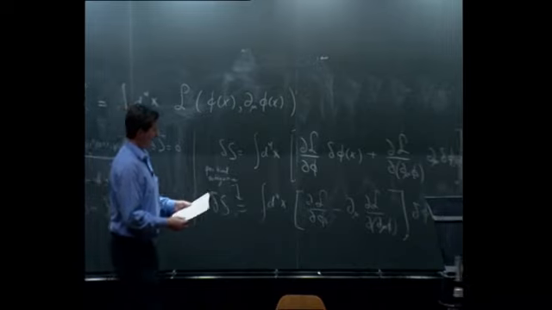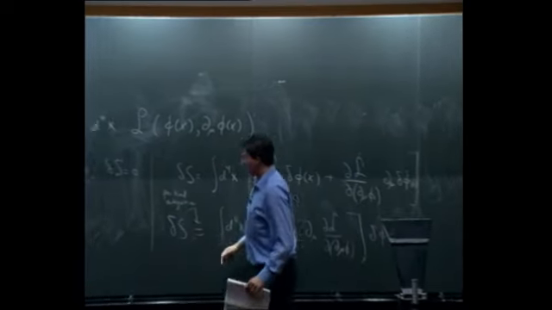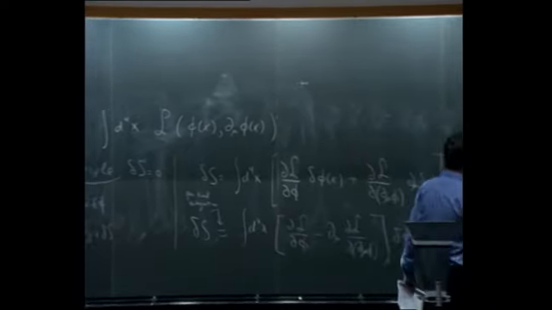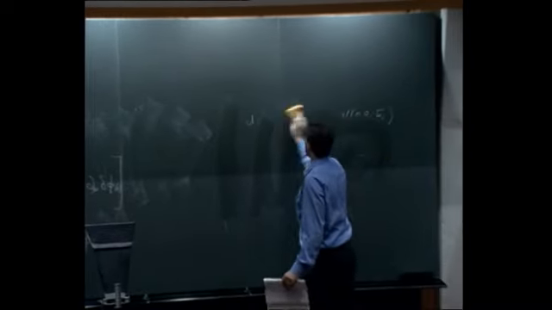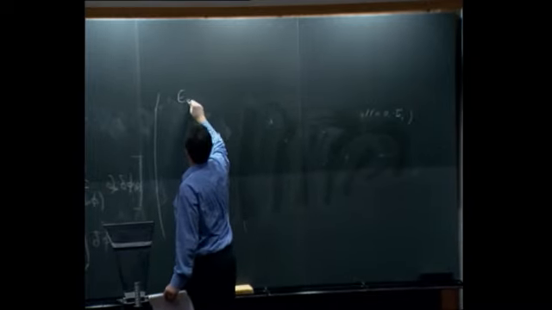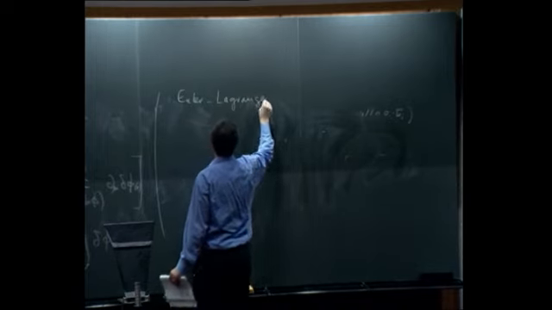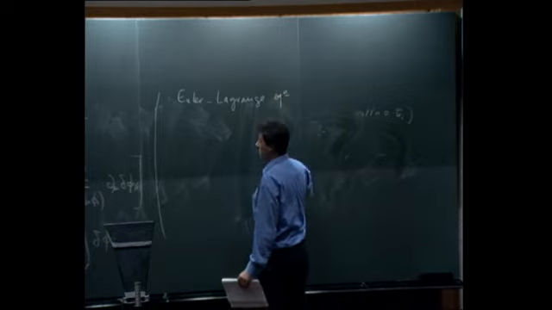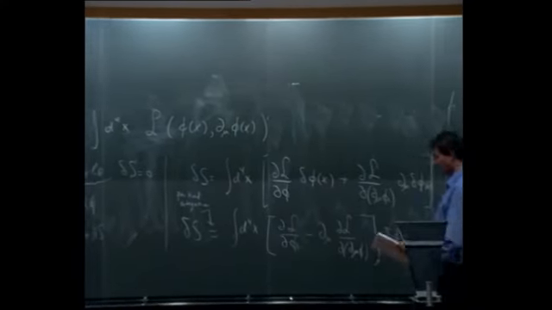So the field equations are, this is actually called the Euler-Lagrange equation. So this object is called the Lagrangian, and the equation we get is called the Euler-Lagrange equation.